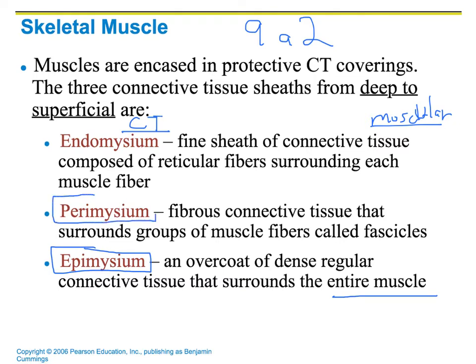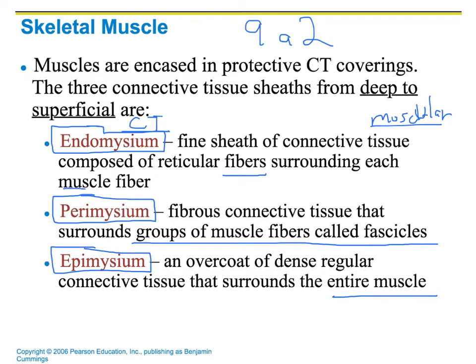Peri means around, which covers the bundles of cells, the cell bundles, which are called fascicles. Then you have the endomysium wrapping. Endomysium means inside, and that covers the individual cells or muscle fibers.